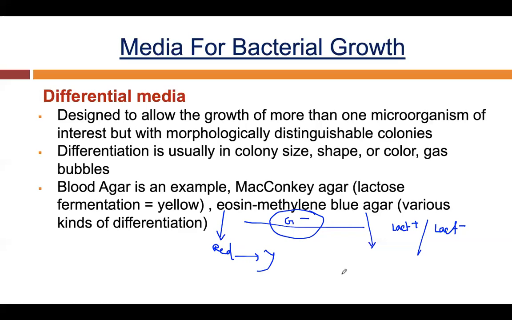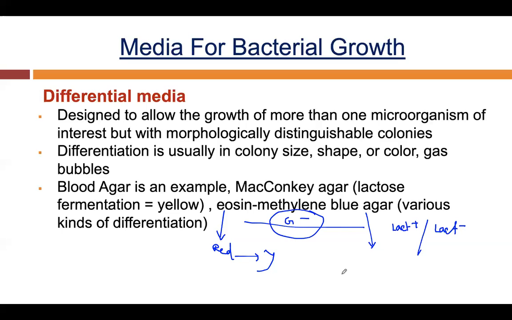So if you see that the agar itself has changed color from red to yellow, you know that lactose-fermenting bacteria are there, meaning the presence of coliform bacteria. Basically it differentiates by shape, size, color, and sometimes gas bubbles. That's differential media.